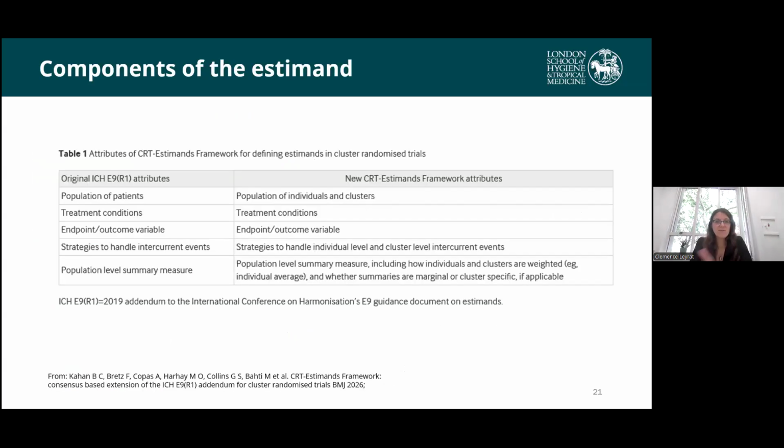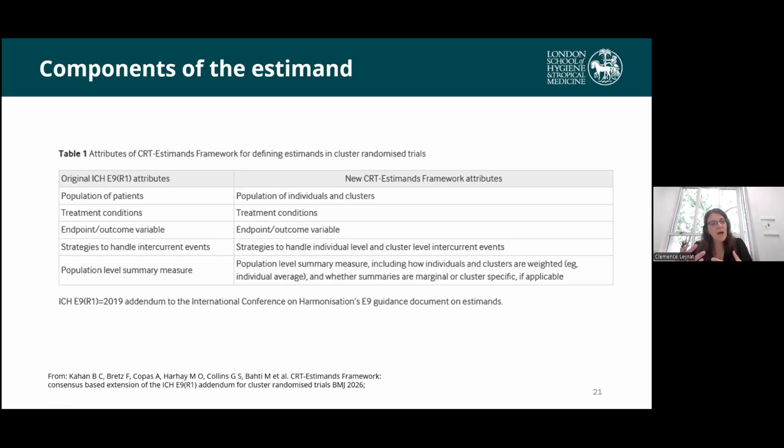So in the new estimands paper, there is this table showing on the left-hand side the original attributes of estimands from the original framework and the modification for cluster randomized trials. It's mostly the same thing, except that for the population, there are two populations, the population of individuals and the population of clusters.